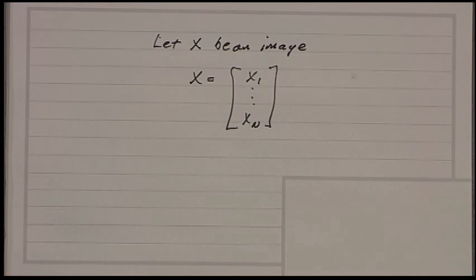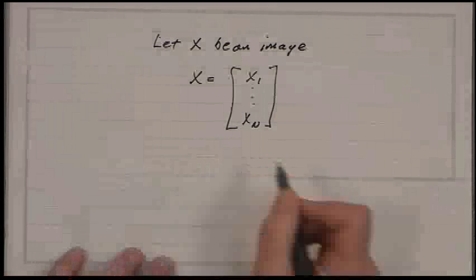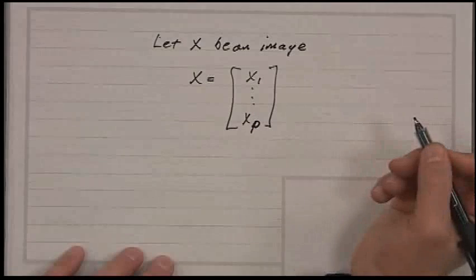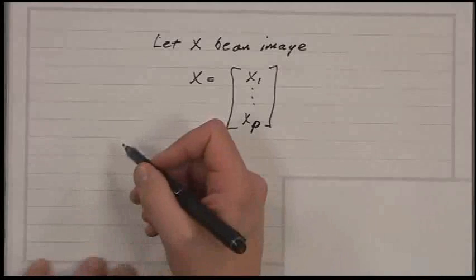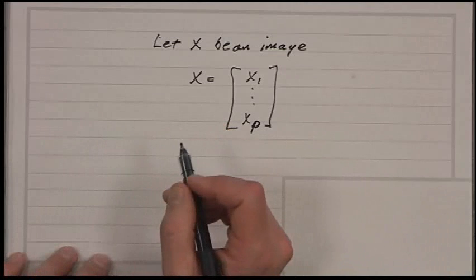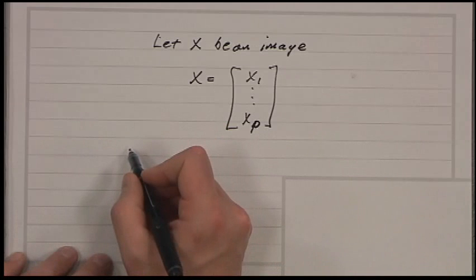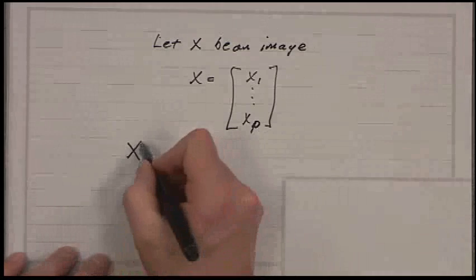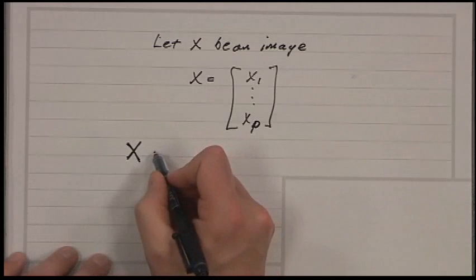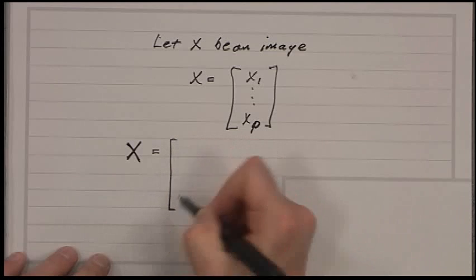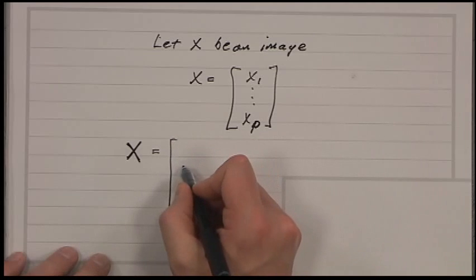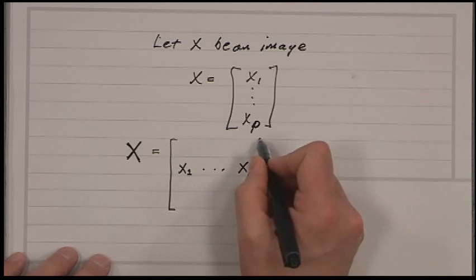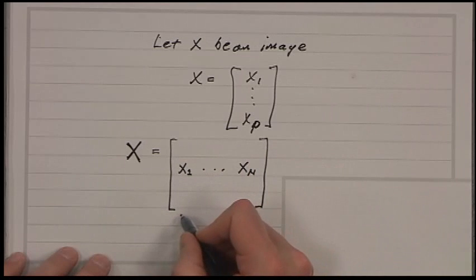Now, what I can do is this. Oh gosh, my notation here is a little messed up. I'm going to have X1 through Xn, and so these are n images.